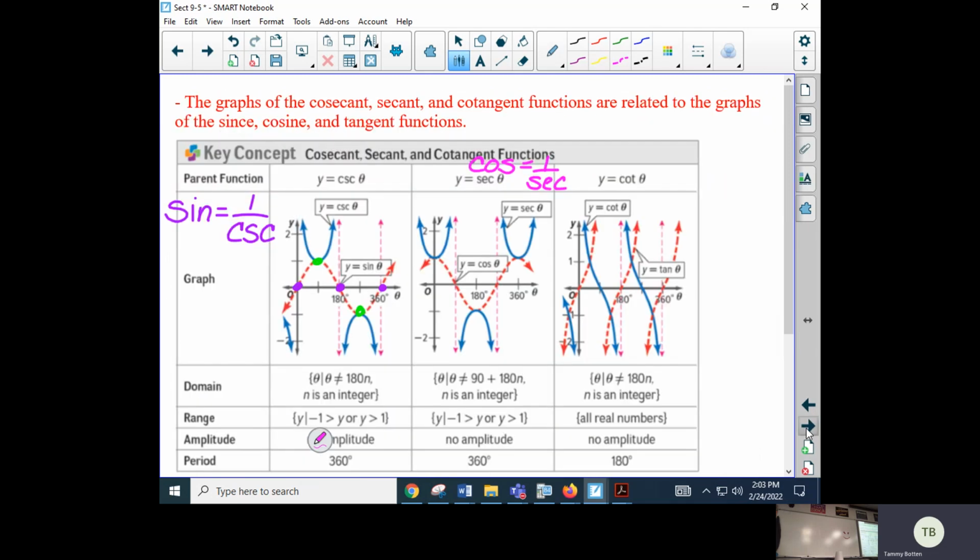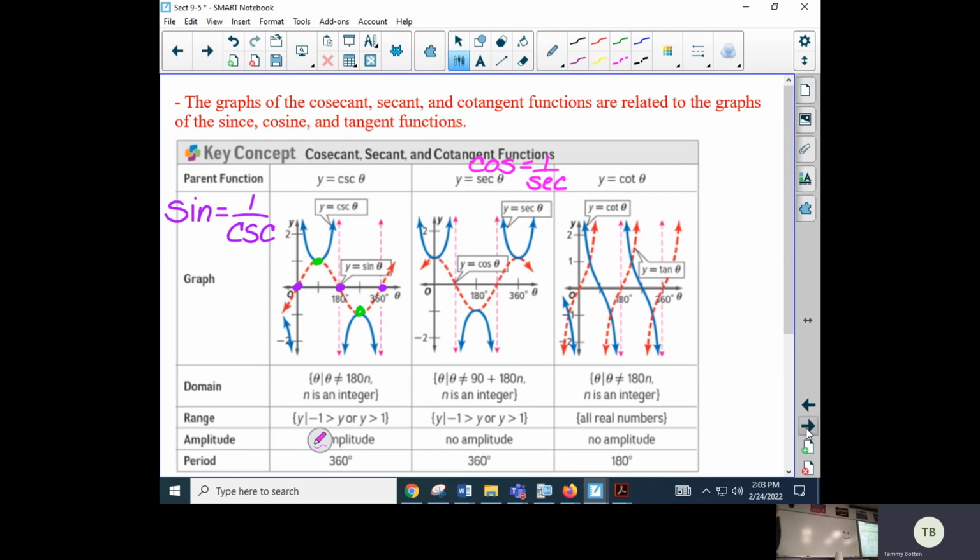Notice the red here is your tangent, and you don't have to graph that when you're doing tangent. In fact, I wish the red wasn't on here. We're really just looking at the blue. So the vertical asymptotes for cotangent are at 0, 180, 360. And tangent started low, came up, and went up high.